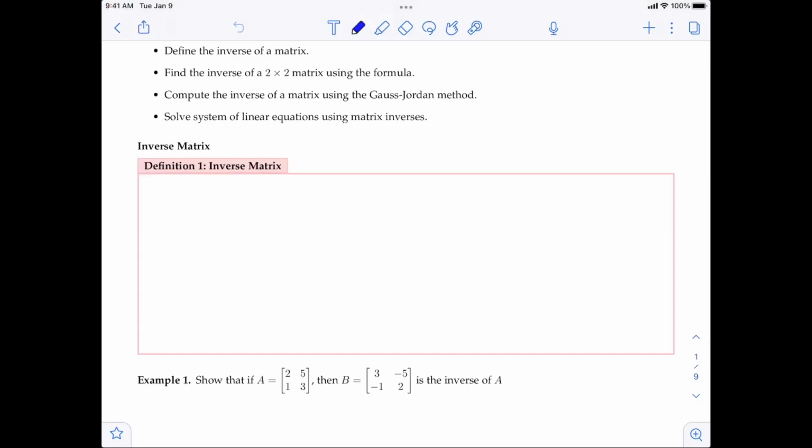So let's write down the definition of inverse matrix.